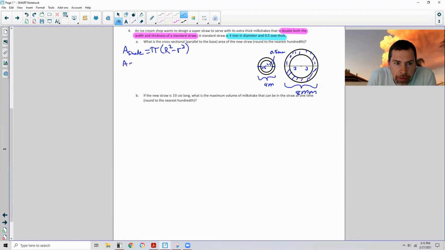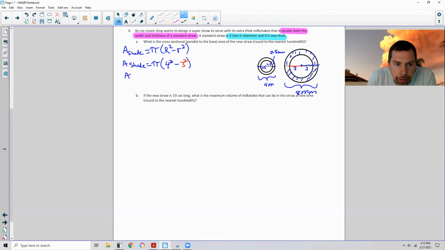Substitute in my givens. So the area of the shaded region equals pi. Big R would be from here all the way to here, which is 4 squared, minus little r, which is the inside radius of 3. So that'd be 3 squared.